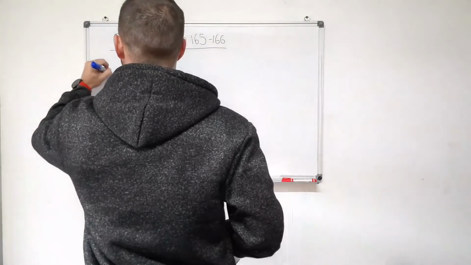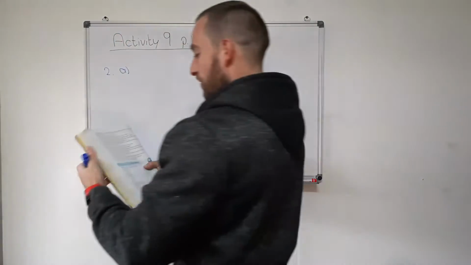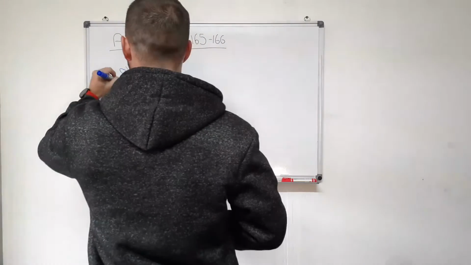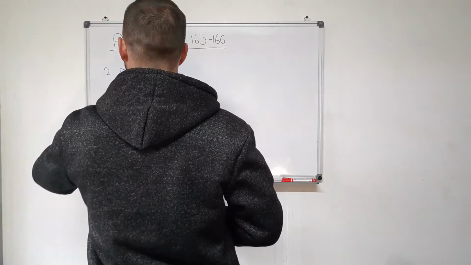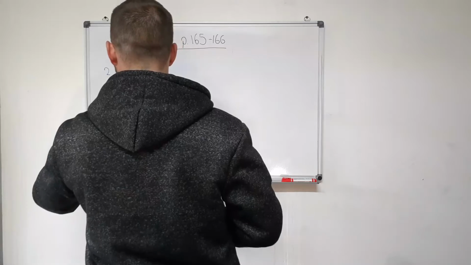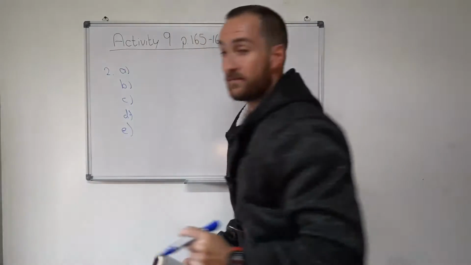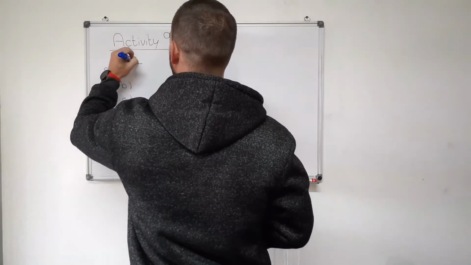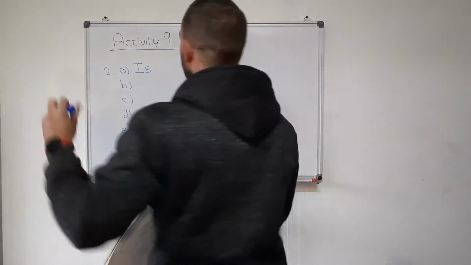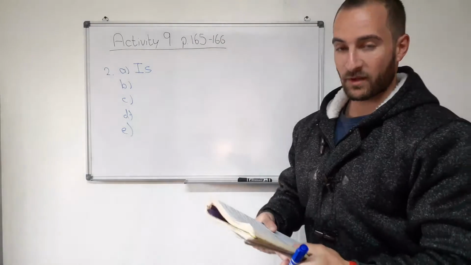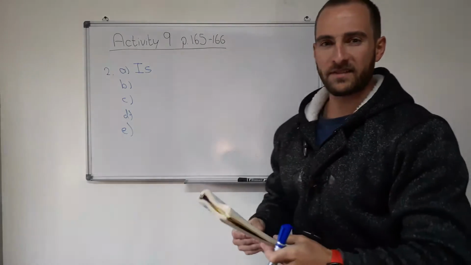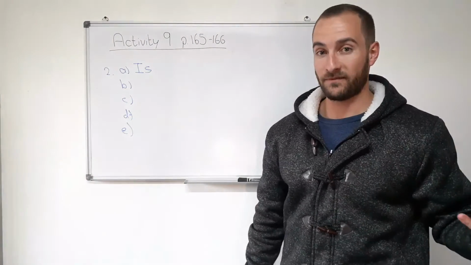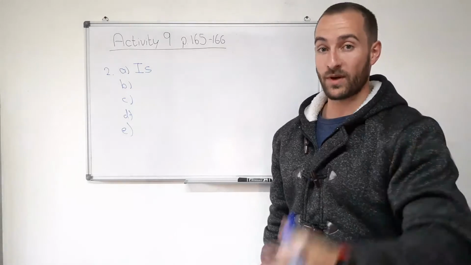Now, it goes from A all the way to E, and they tell us what to start with. The first one is, and I'll quickly write it down here to the side, the most general way of changing a statement into a question.